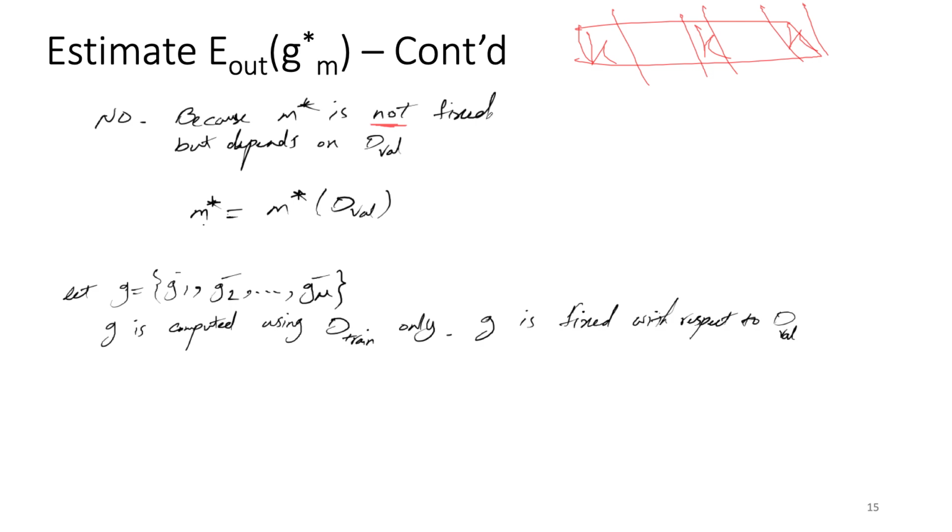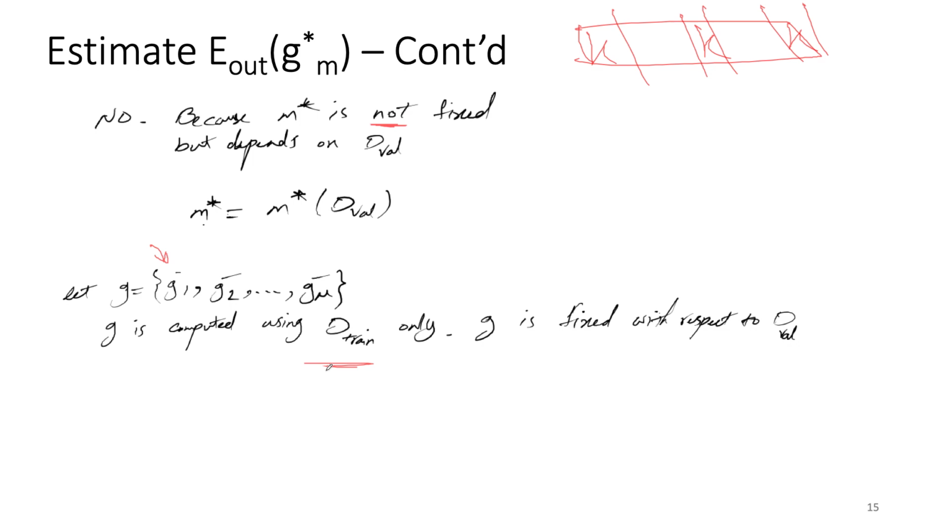All right, so let G be the set of all the smaller-set g's, right? So these g's have been trained on a smaller set of training data, so g1 up to gM. So G is computed using the train only, and G is fixed with respect to d val.